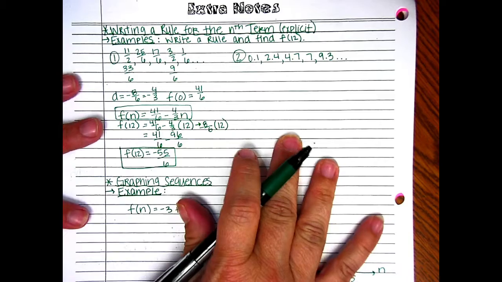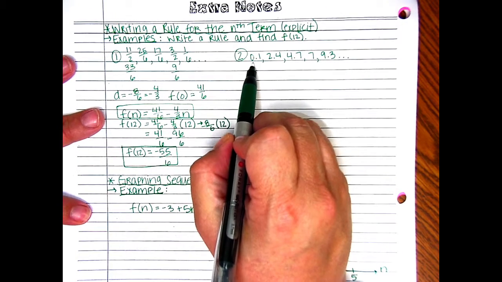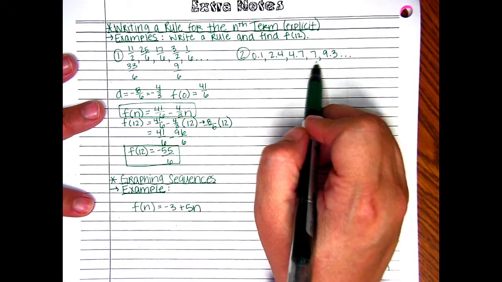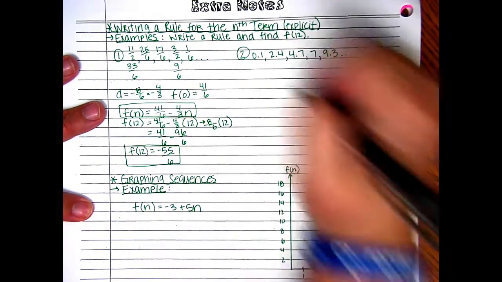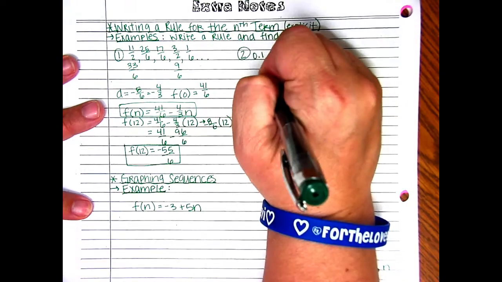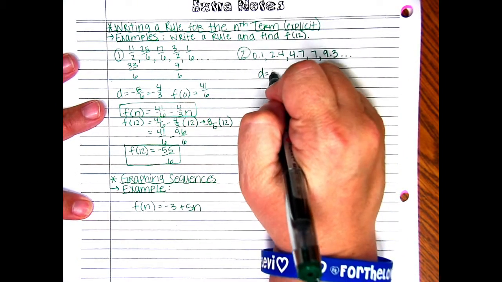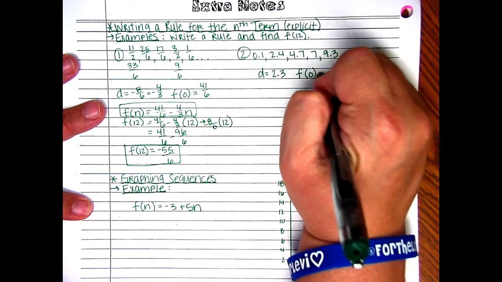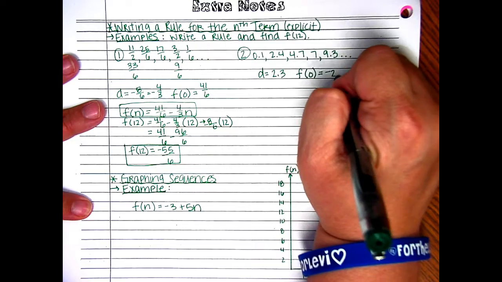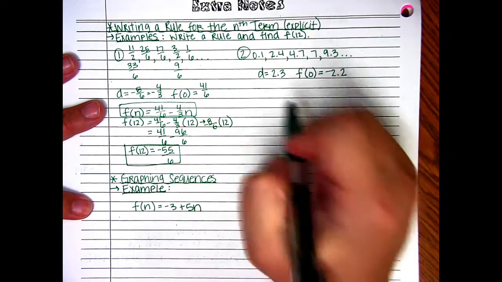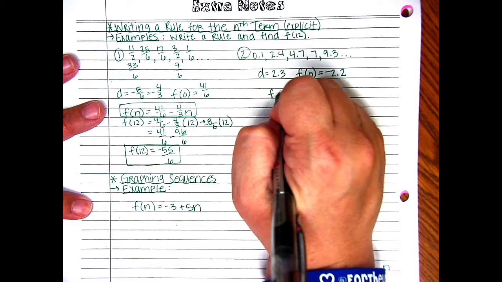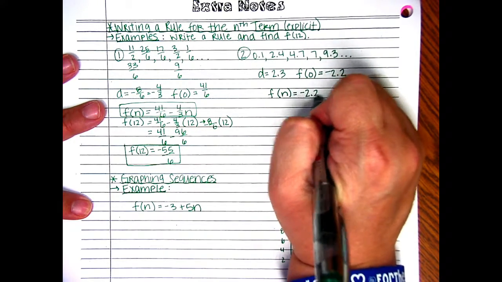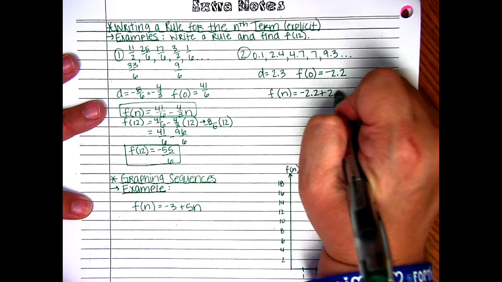In example number 2, it's 0.1, 2.4, 4.7, 7, and 9.3. The common difference for the sequence is 2.3, and f of 0 is negative 2.2. So when I write my rule, it will be f of n equals negative 2.2 plus 2.3n.